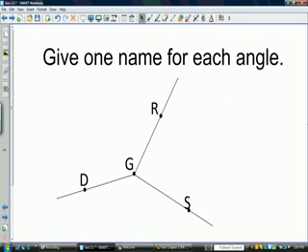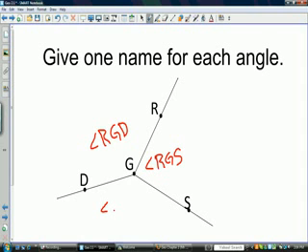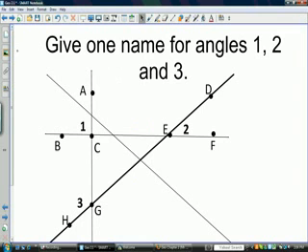Now, give one name for each angle. Well, we can call this one RGS. We could call this one RGD. This one on the bottom, DGR. Oh, that's an R, that's an S. DGS. I apologize.